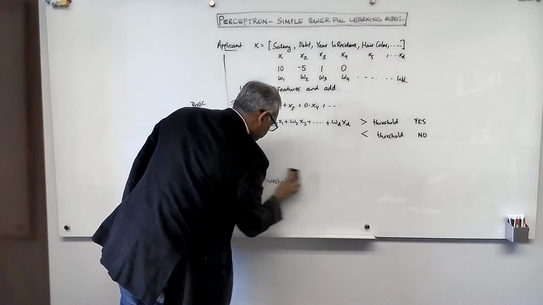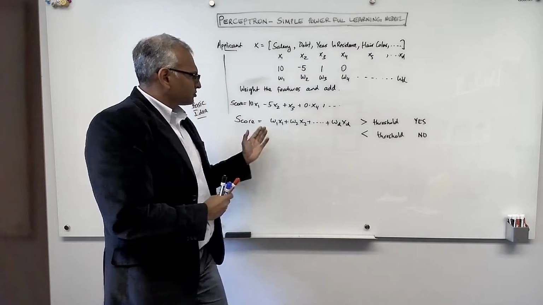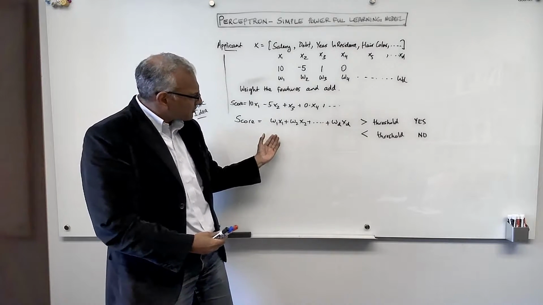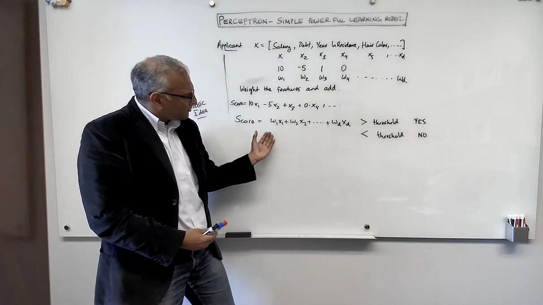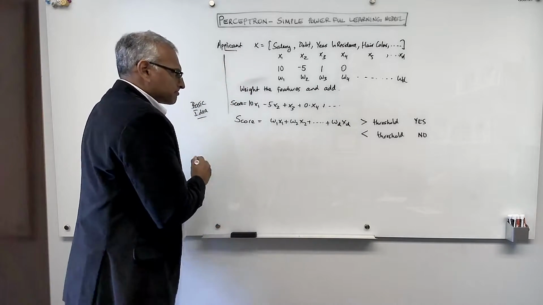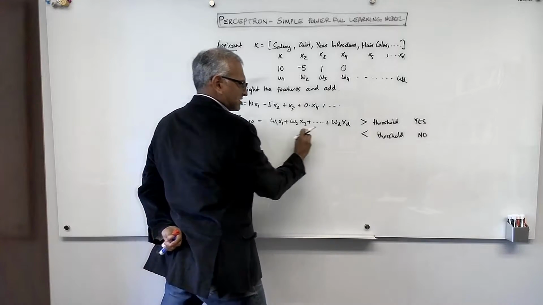Okay, so now what I'm going to do is take this approach to assigning credit and put it into a mathematically much more convenient form. It's a formula that I can put in a much more compact, convenient form. So, first of all, the score is a sum.